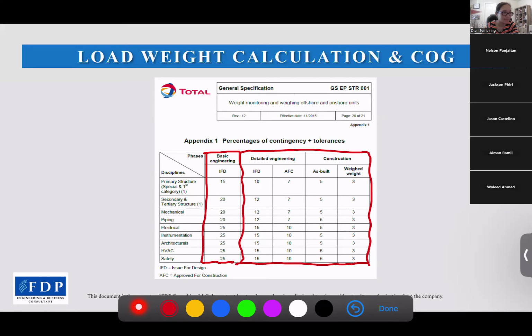So the point is we need to know which drawings are our reference for the study, either a basic engineering drawing or a detailed engineering drawing. We need to apply the contingency factor according to the stage of the drawing itself. So be wise in choosing the weight contingency factor.